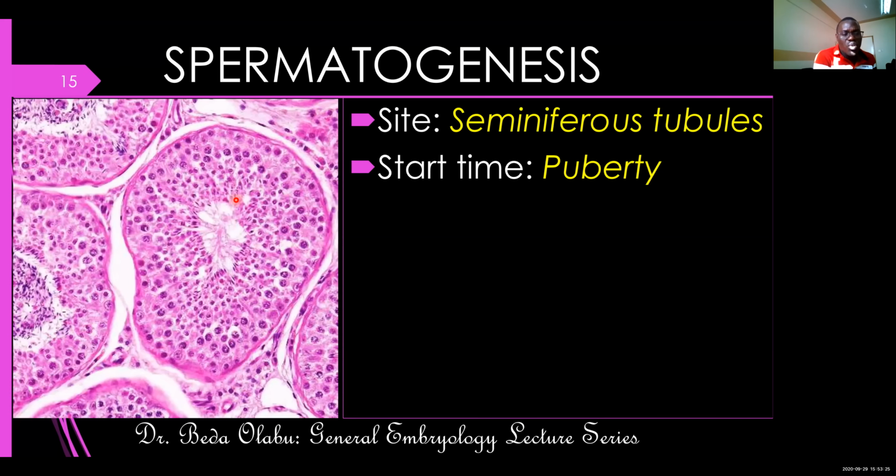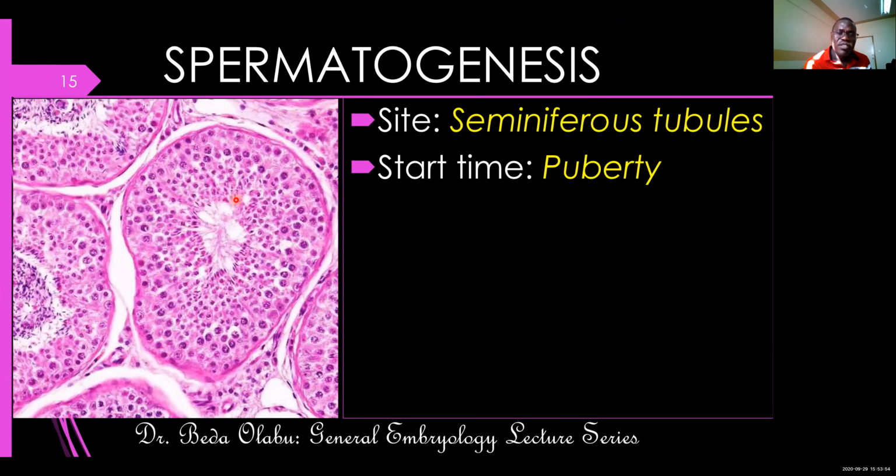The process of forming sperms starts at puberty. It means that once those primordial germ cells have invaded the developing gonads, the spermatogonia remain dormant within the testis until puberty. That is when the process of forming sperms can begin.